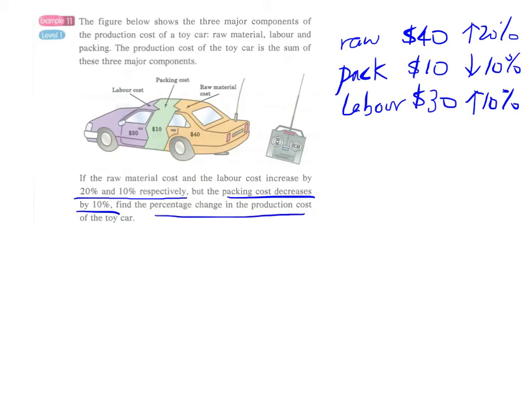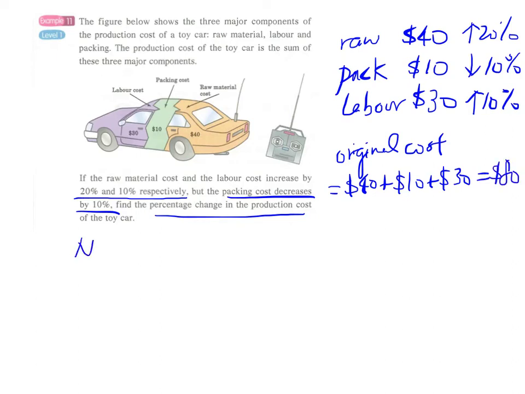First, we have to find the final value of producing the toy car. We can find the original cost of producing the toy car first. We have $40 plus $10 plus $30. This will be $80.